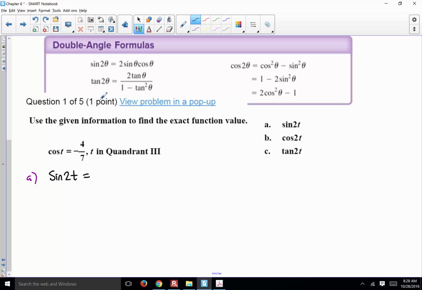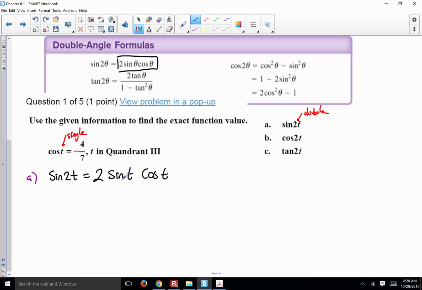Just write the formula first. Compare: this is a single, this is a double. That's how I know I must use the double angle formula, because the single one is given and I need the double.